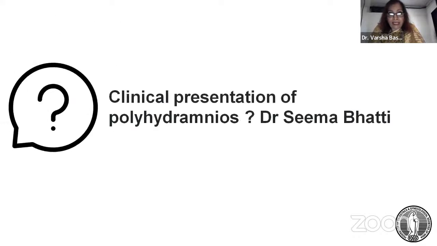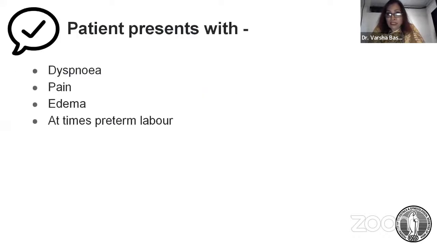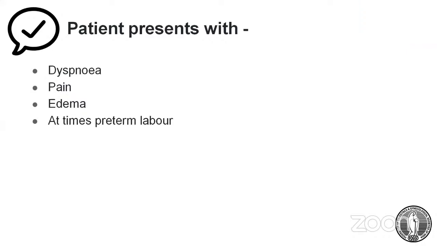Dr. Seema Bhatti, what is the clinical presentation of polyhydramnios? Just elaborate shortly. Right. So the patient comes to us with breathlessness, and she is having a tense abdomen. The skin is stretched out and has become thin, and the patient has edema, significant fetal edema.